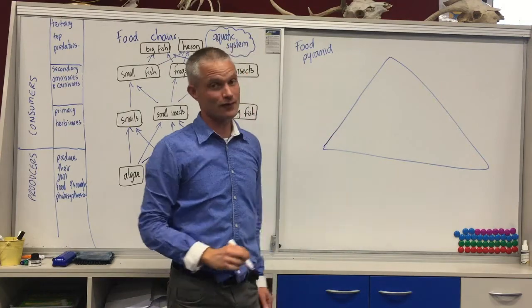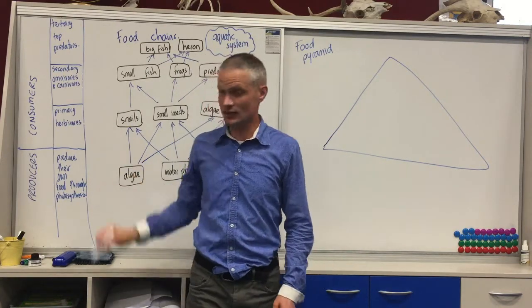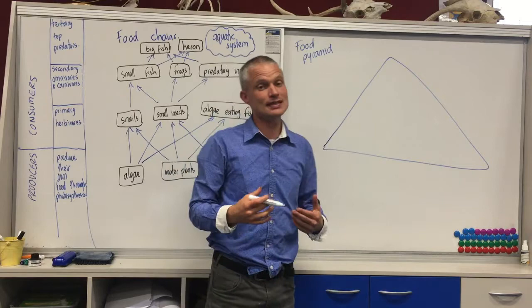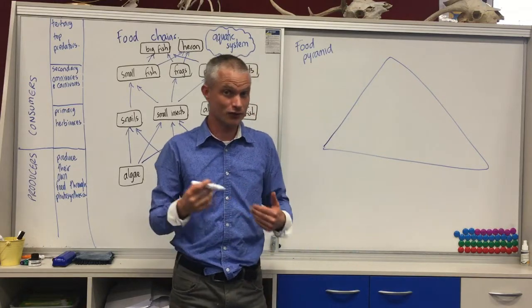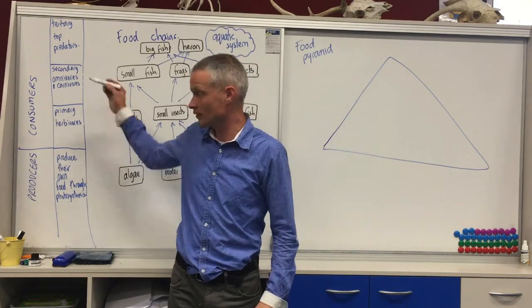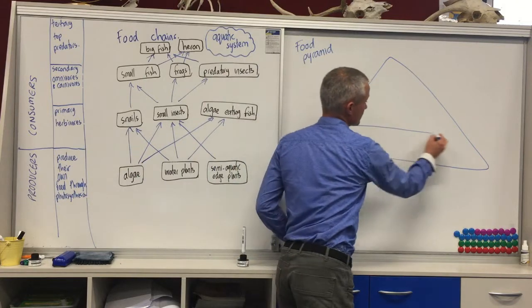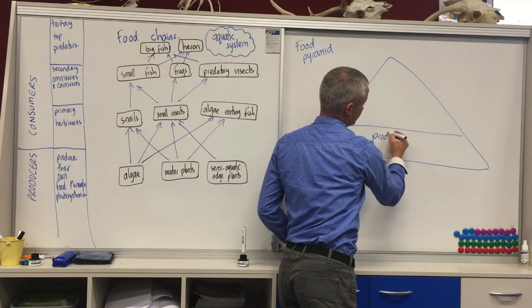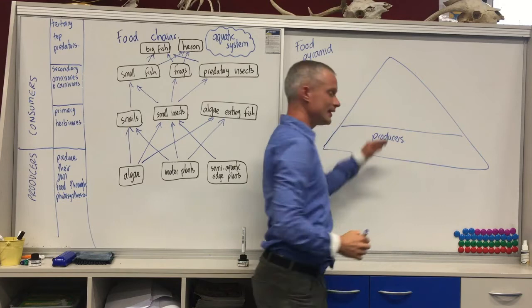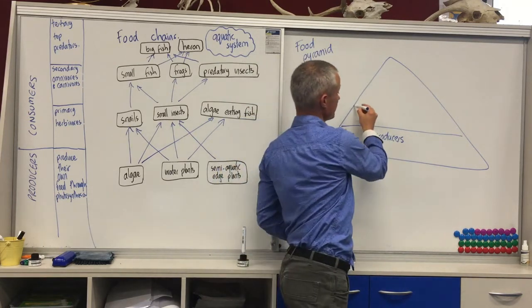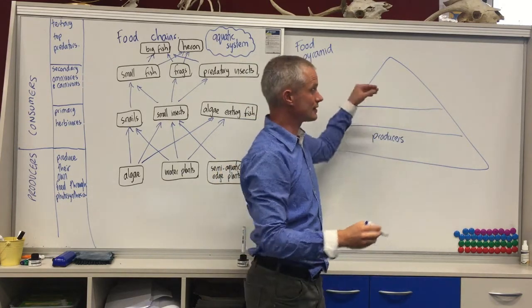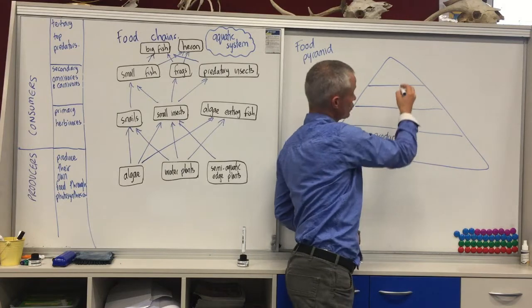And on the base of the pyramid is the producers, and the pyramid is kind of representing the biomass and the diversity of each level as you go up. So you've got the producers, and then the rest of it's the consumers. So you've got the primary, the secondary, and the tertiary.